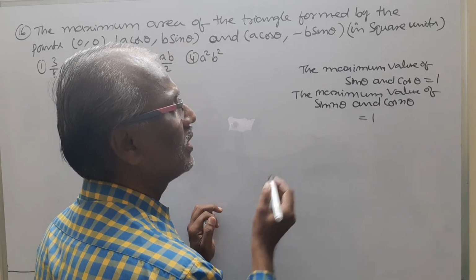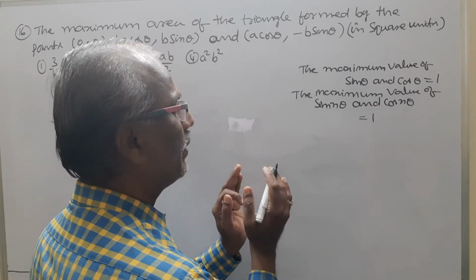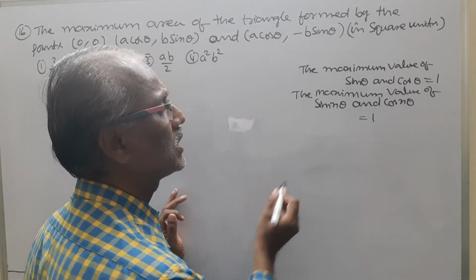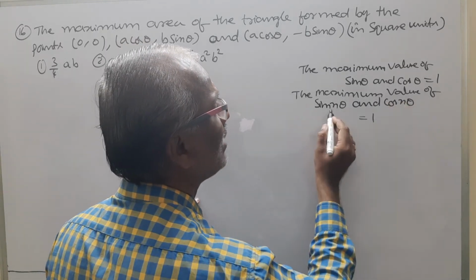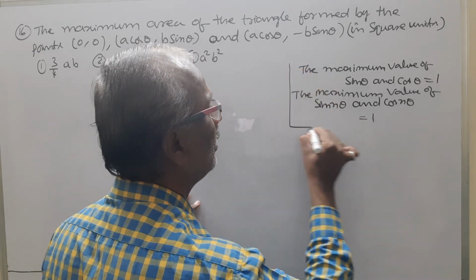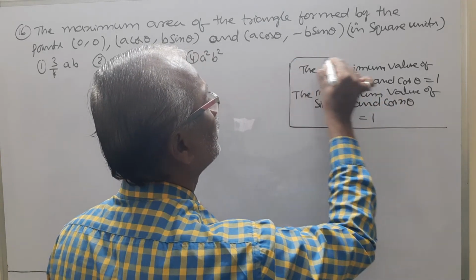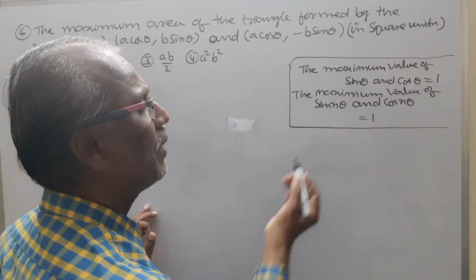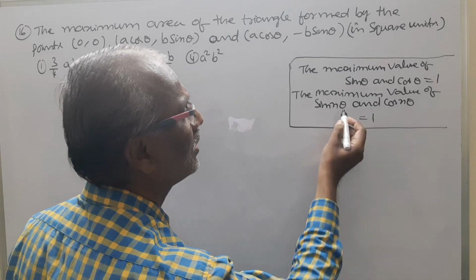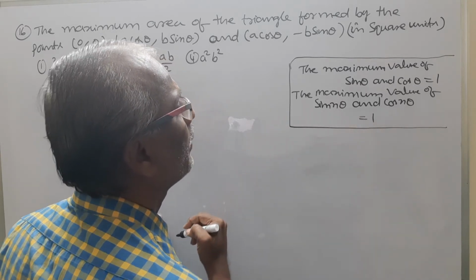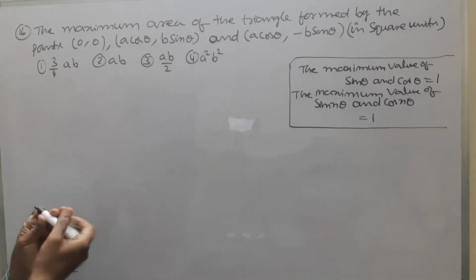Sin n theta and cos n theta values lie between minus 1 and plus 1. This is the important concept: the maximum value of sin theta and cos theta is 1, and the maximum value of sin n theta and cos n theta, where n is a positive integer, is also 1.